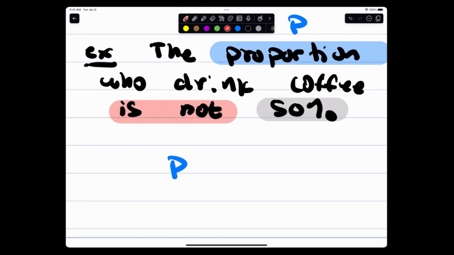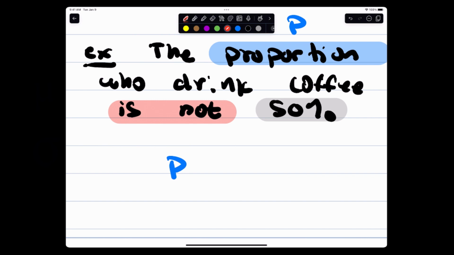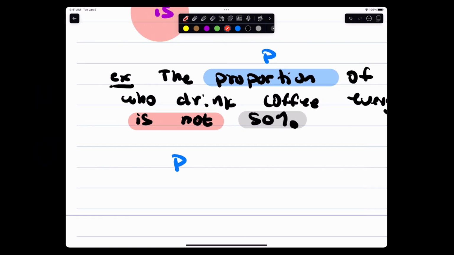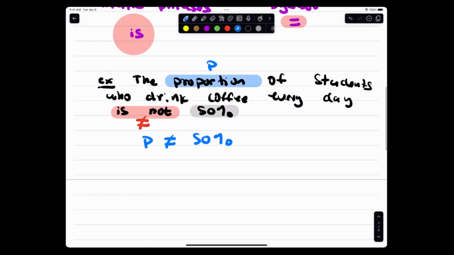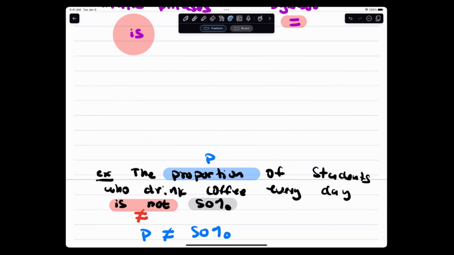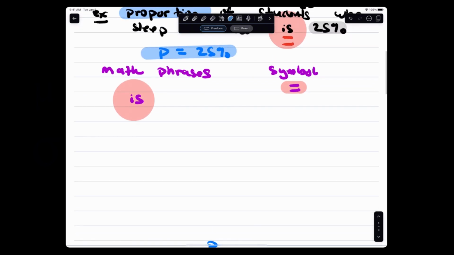Well, what is the phrase is not? That's the same as what? Yes, that's not equal. Good. So you can say is not equal to what? 50%. So when we write this down here, you want to know that phrase is not equal.